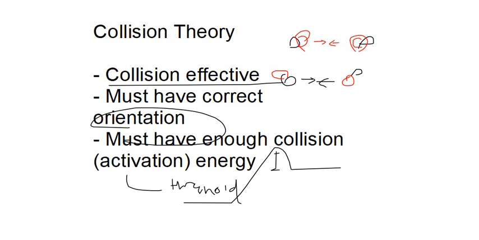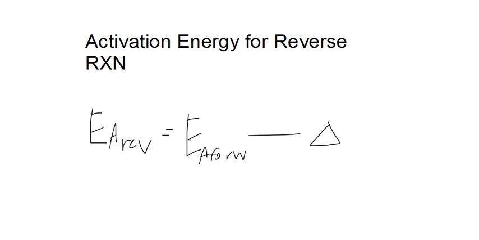Right, so the activation energy for a reverse reaction is a formula that we must know. Activation energy reverse is equal to the activation energy of the forward reaction minus the enthalpy of reaction.